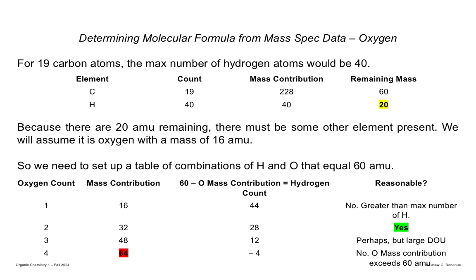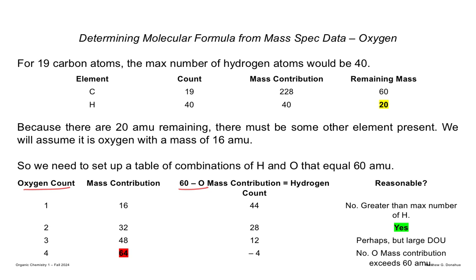So to recap the steps in solving this problem, the intuition we're developing: we had to account for those 60 mass units, setting up this table of the different quantities of oxygen that could be present, which then affected the number of hydrogens.